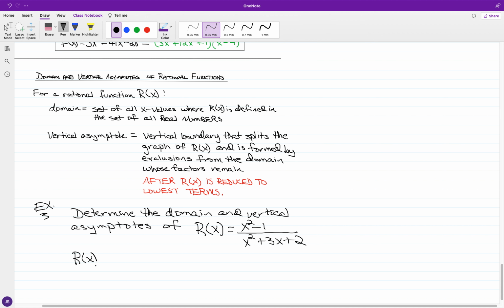Whenever you're looking for the domain, you're looking at the restricted values before any simplifying is done.